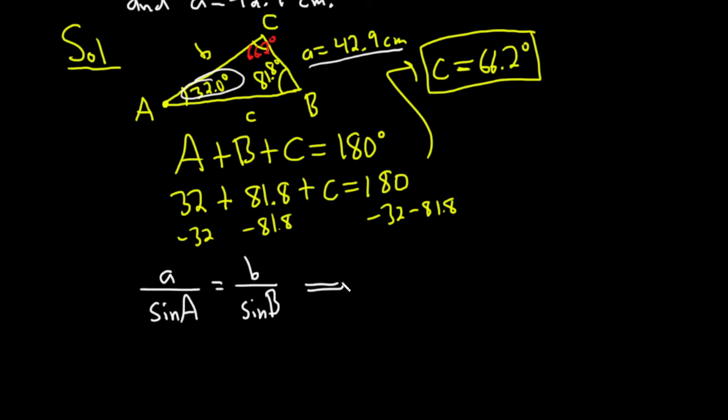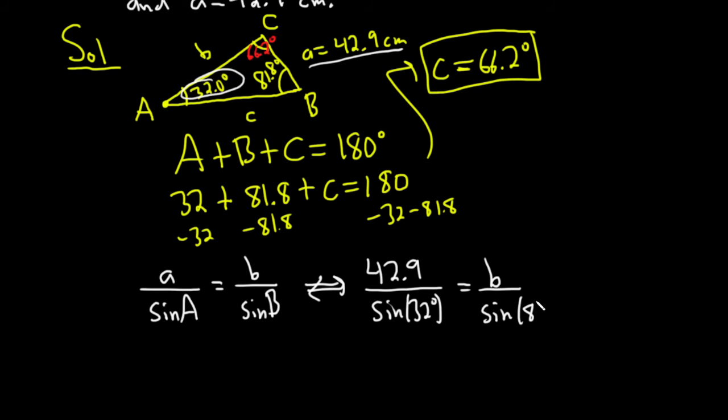So a is 42.9, and this is sine of 32. That's big A. And then little b we don't know. And then big B is 81.8. So this is sine of 81.8. Just carefully plugging everything in.